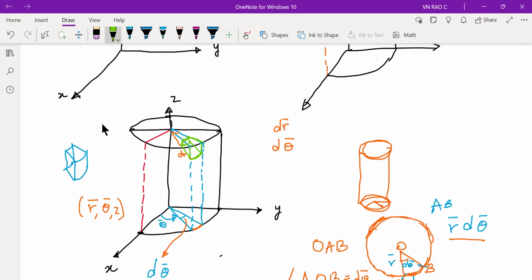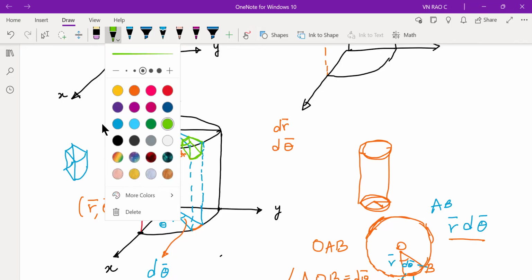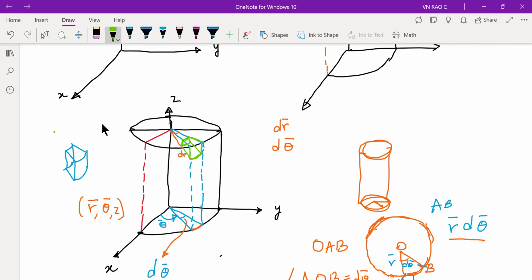This length is important. So what is this length? This length is what we are showing, and this length is what we are showing. As you know, the element we take is very small, so there should not be much problem for us. This is nothing but the arc length, and this is dr, and this is dz.